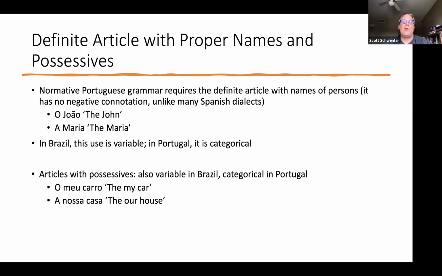So definite article with proper names and possessives. Normative Portuguese grammar requires the definite article with names of persons, and it doesn't have a negative connotation, unlike many Spanish dialects. So you say o João or a Maria. In Brazil, this use is variable. One of my favorite stories when I first went to Rio de Janeiro was, oh, if you go across the bridge to this other city named Niterói, they don't use the article with the proper name.